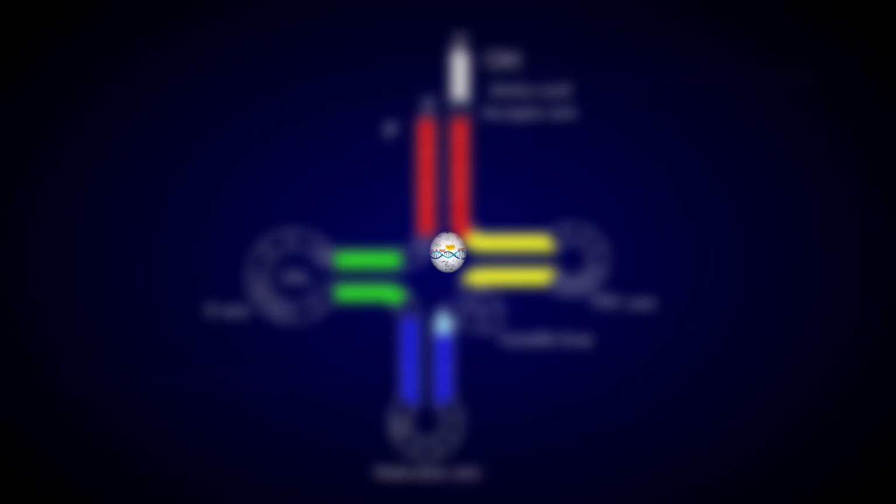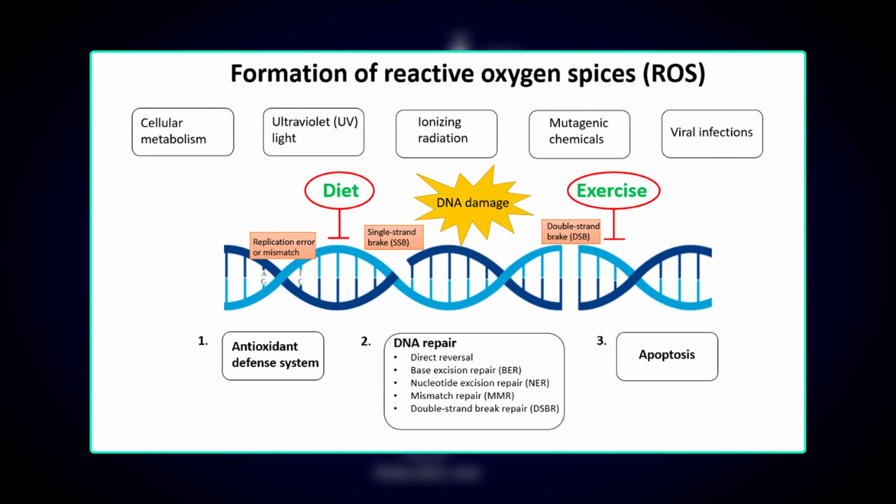Endogenous damage can result from DNA-based lesions like hydrolysis, deamination, depurination, and depyrimidination, and alkylation or oxidation by intracellular free radical oxygen species or ROS that can occur as byproducts of mitochondrial respiration.